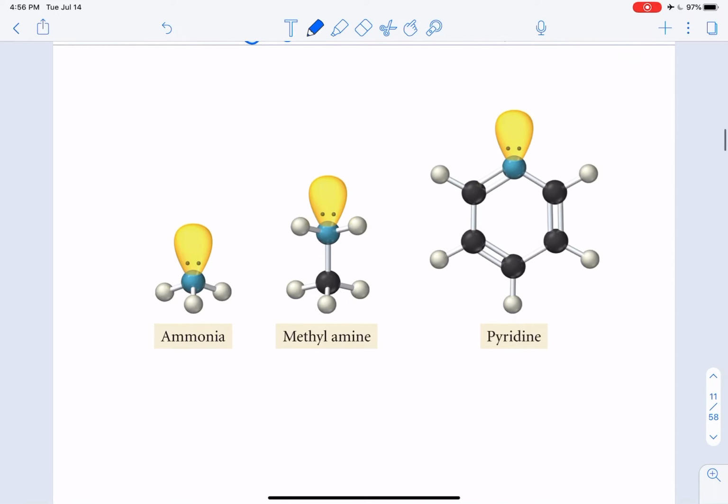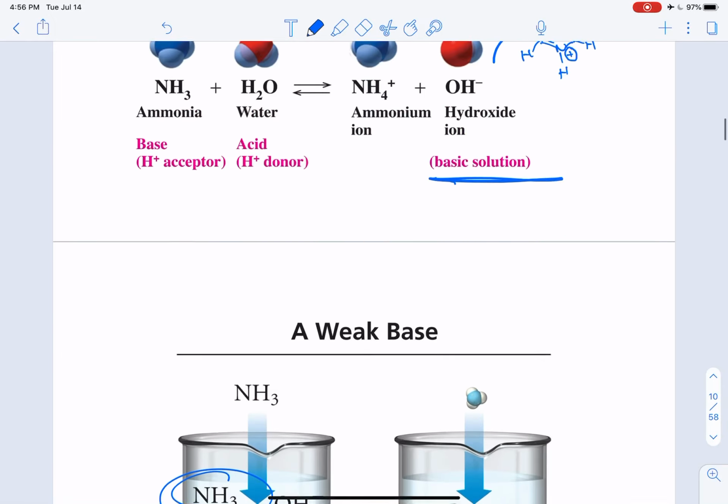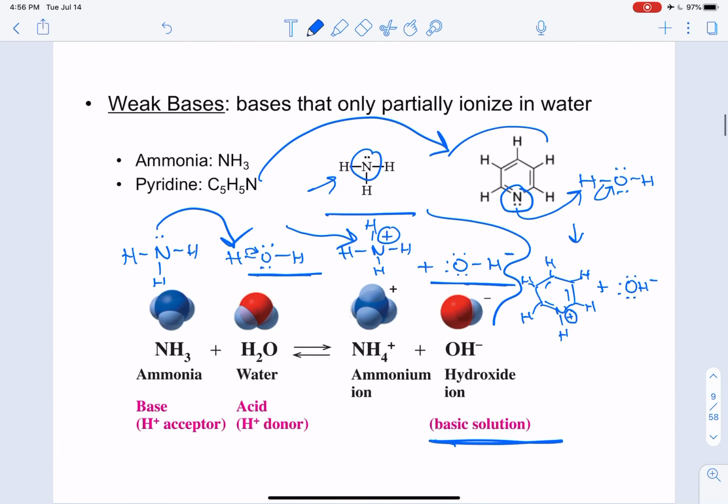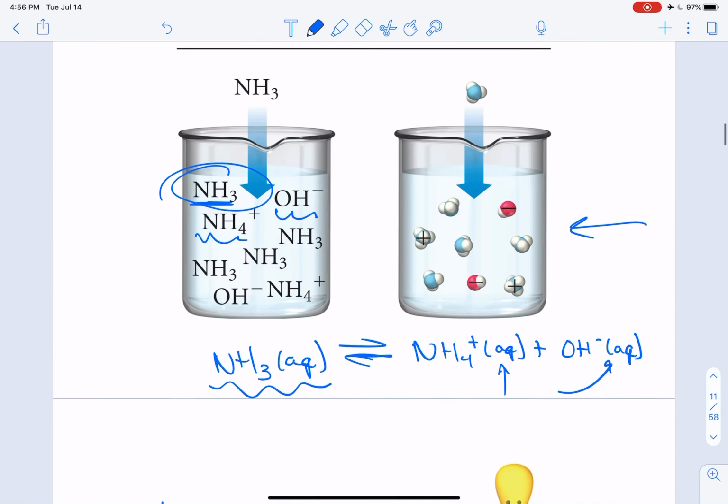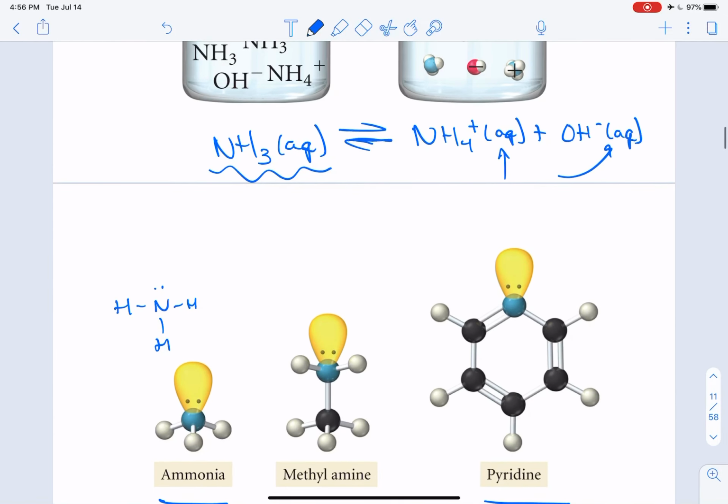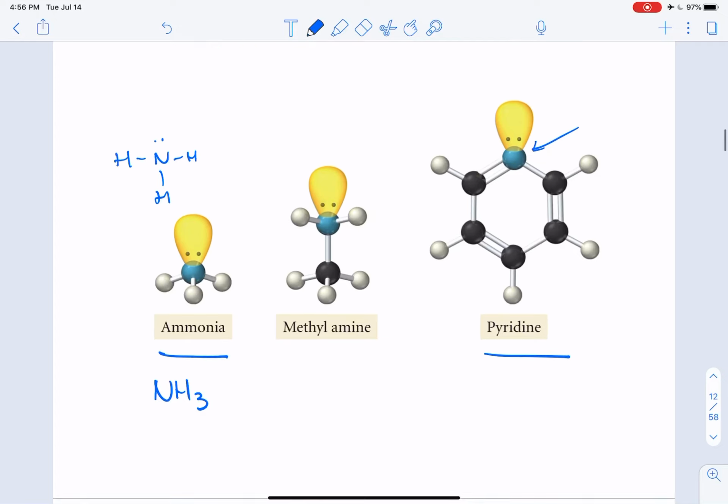Here are, again, ammonia and pyridine. So we've got ammonia here, which is also written as NH3, just a bunch of different ways to write it. And pyridine we saw before, but it had its nitrogen on the bottom side. So it's this guy right here. We're just flipping it over so that the nitrogen is right here on the top, okay?